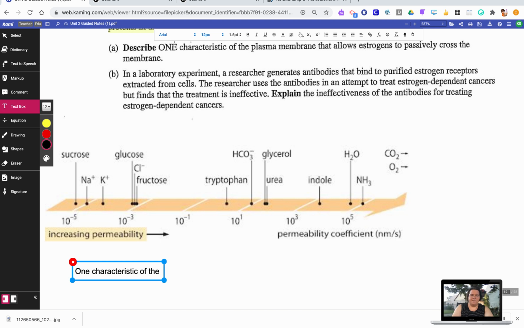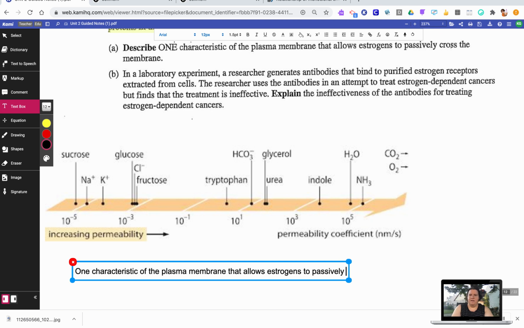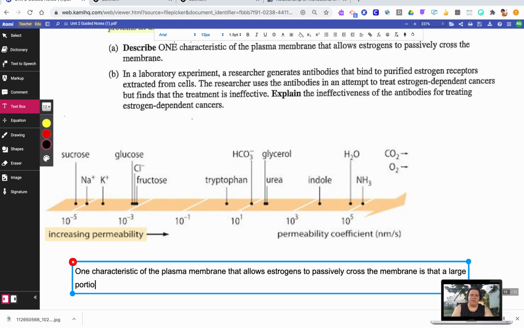One characteristic of the plasma membrane that allows estrogens to passively cross the membrane is that a large portion of the membrane is made up of non-polar fatty acid tails of the phospholipids.